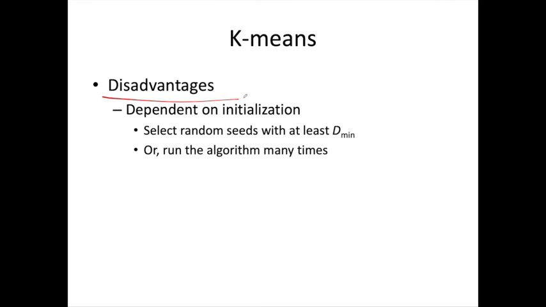Basically, we can try to use random restarts of the algorithm. The idea is that we try once and get one solution, and then we try again with a different random seed. It's going to put the centers in a different location, and we repeat this multiple times until we get to a solution that we are happy with.